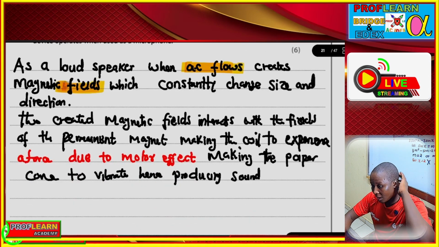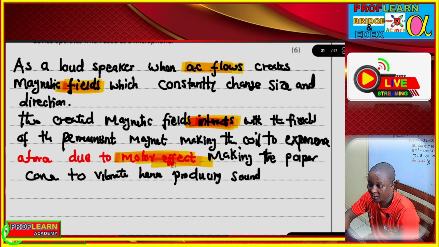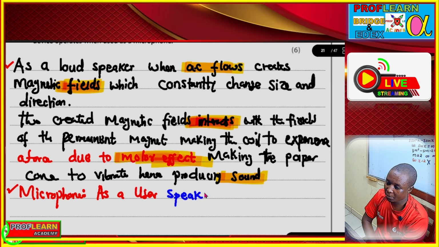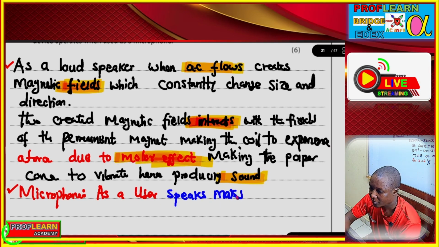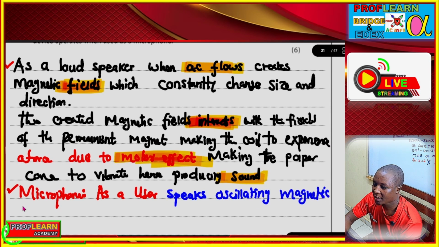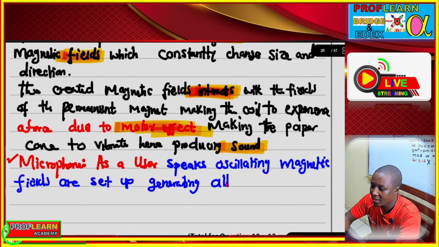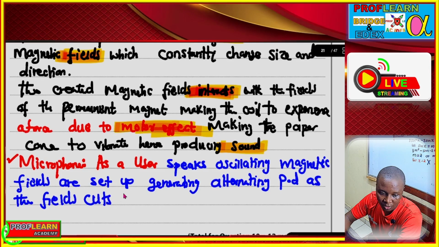And then for a microphone, as the user speaks, oscillating magnetic fields are set up, generating an alternating potential difference which results in a flow of signal.